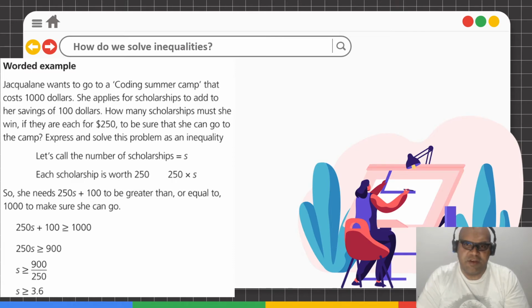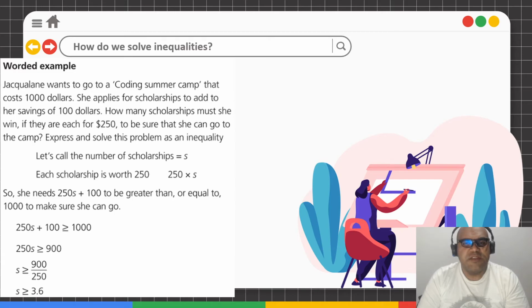Because she has 100 already, to be greater than or equal to 1,000 to make sure she can go. Then we solve to be sure how many scholarships she must win, and we notice she needs to win at least 3.6.